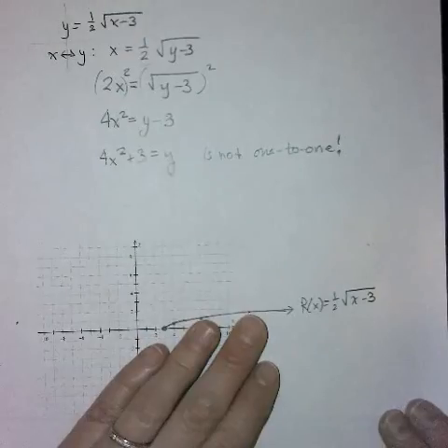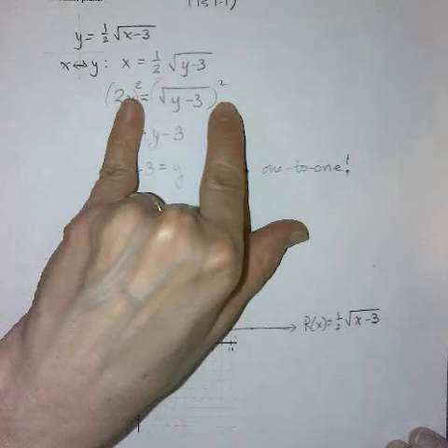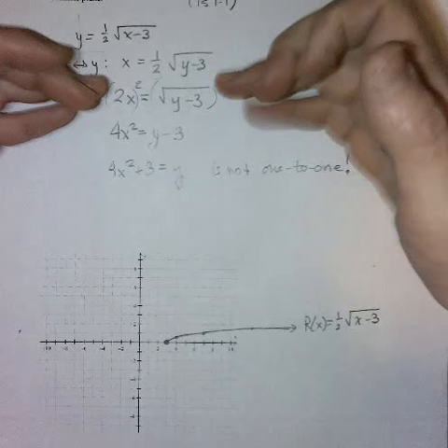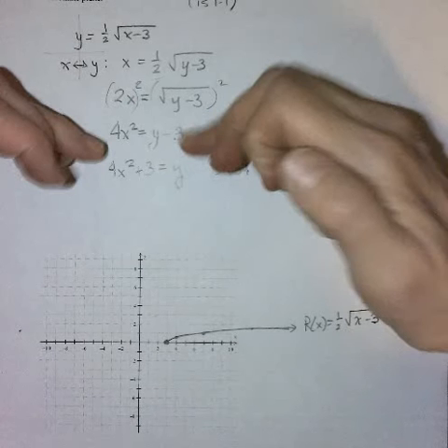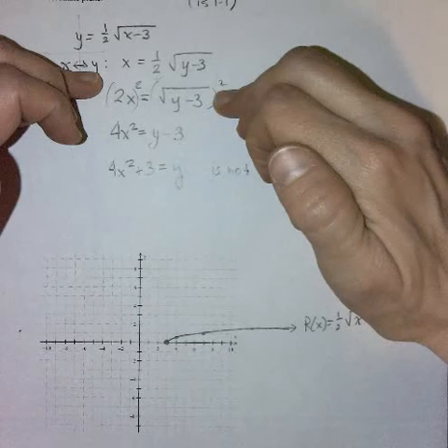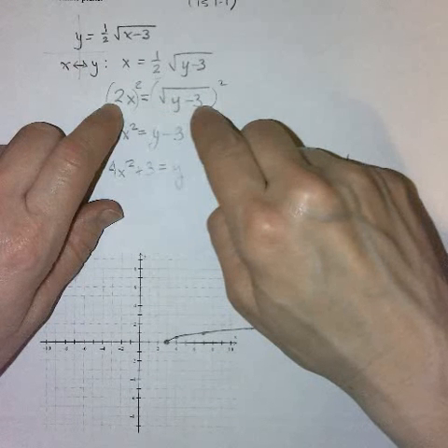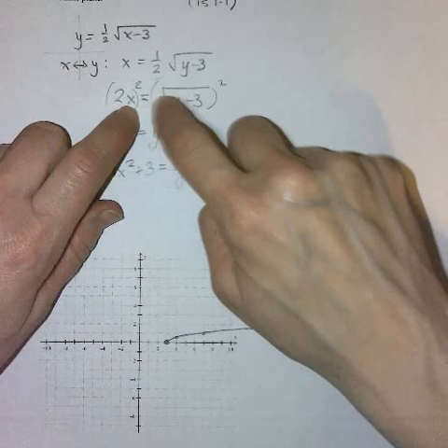What will happen when you square both sides of an equation is that the result has more numbers that make it true than the original. So notice in this step here, because this is equal to a square root, the x's here can only be positive. But at this step, the x's can be both positive and negative.